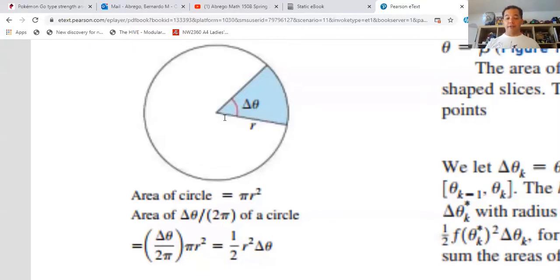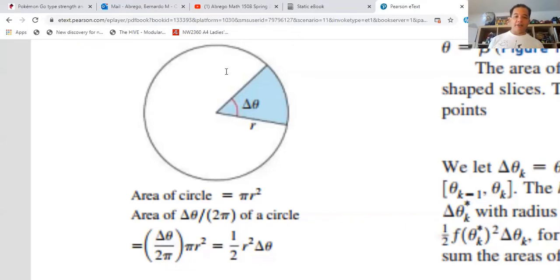We know it. So all we need to do is divide the angle that we have, delta theta, by 2 pi. And that's going to be the fraction of the area, correct? So if you have half of the total angle, then you get half the pizza. If you have 1/4 of the total angle, you get 1/4 of the pizza.